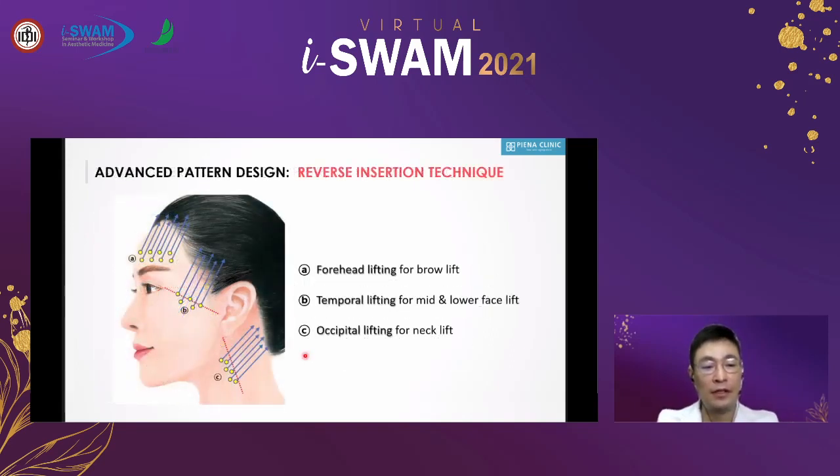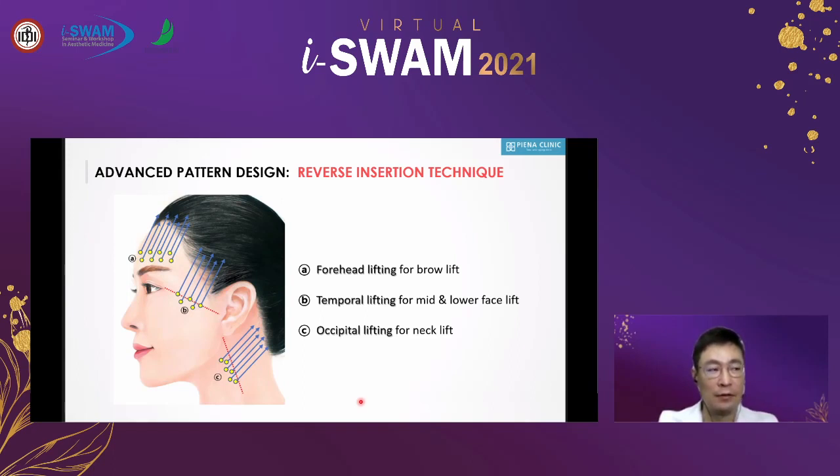Reverse thread insertion technique is a method of inserting the thread in a direction opposite to the usual direction, from the lower part to the upper part, or from the medial part to the lateral part. This technique is useful when the basic method alone lacks lifting effect, or to provide a more definite lifting effect to the patient after a single treatment.